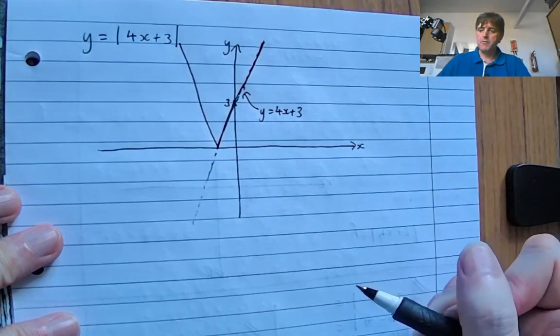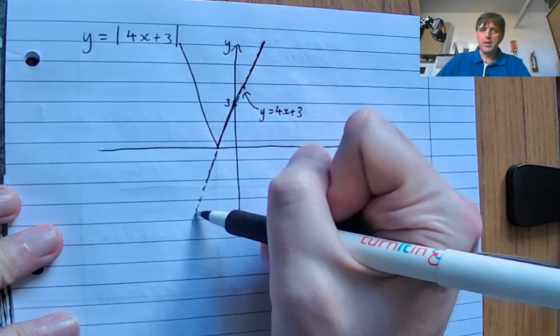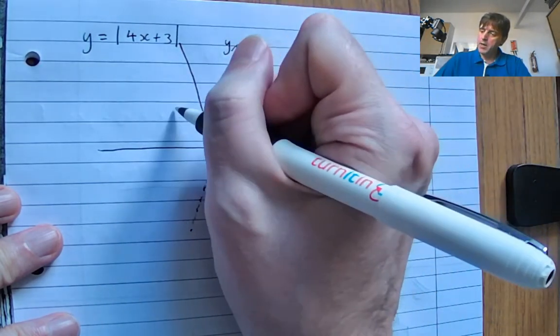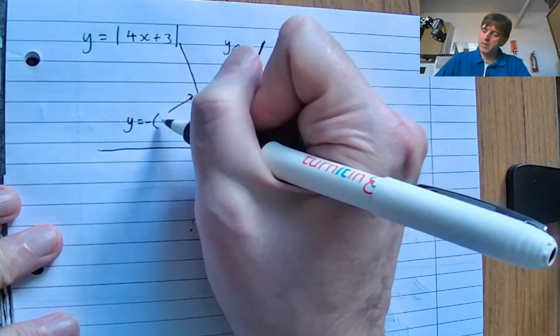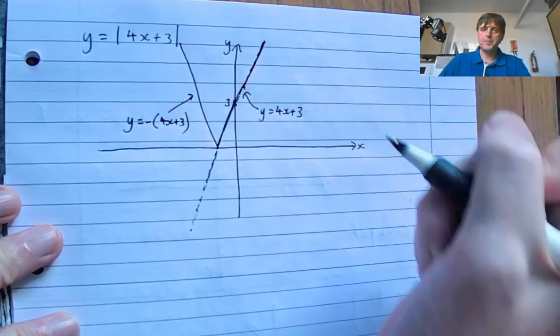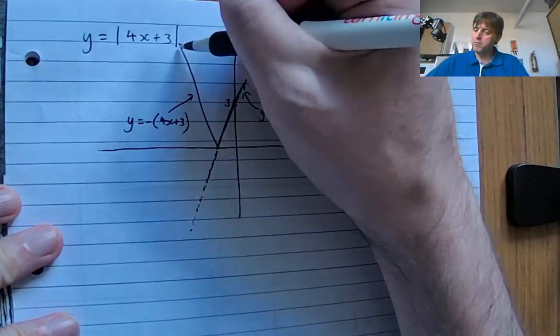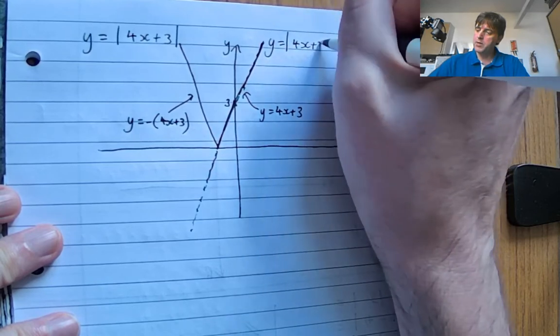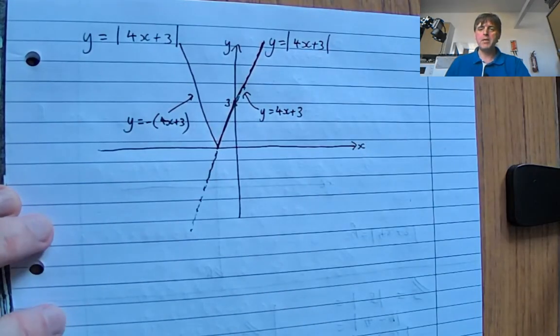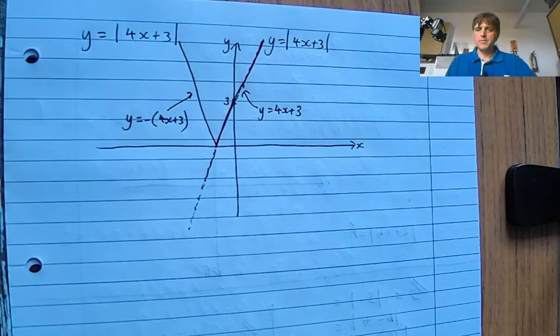So that part which was down here has now been reflected above here, and that branch of it has equation y equals minus 4x minus 3, like that. Okay, so the whole thing all together is the graph of y equals the modulus of 4x plus 3, like that. Did you agree?